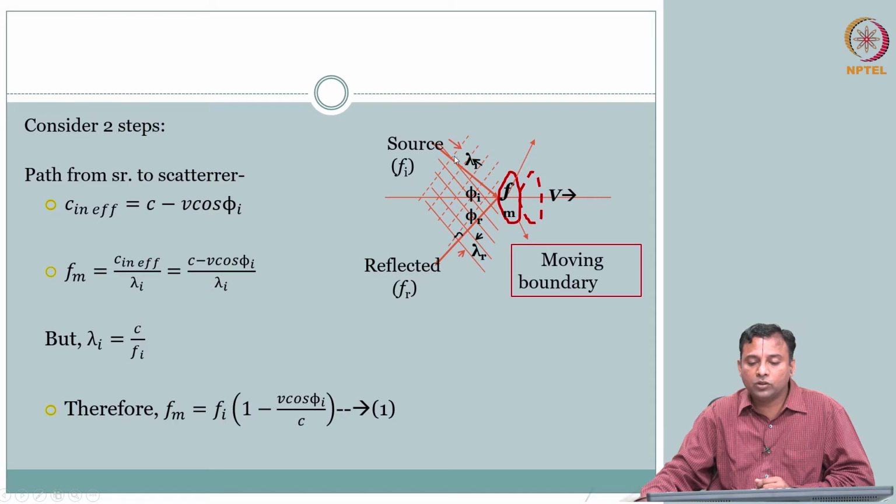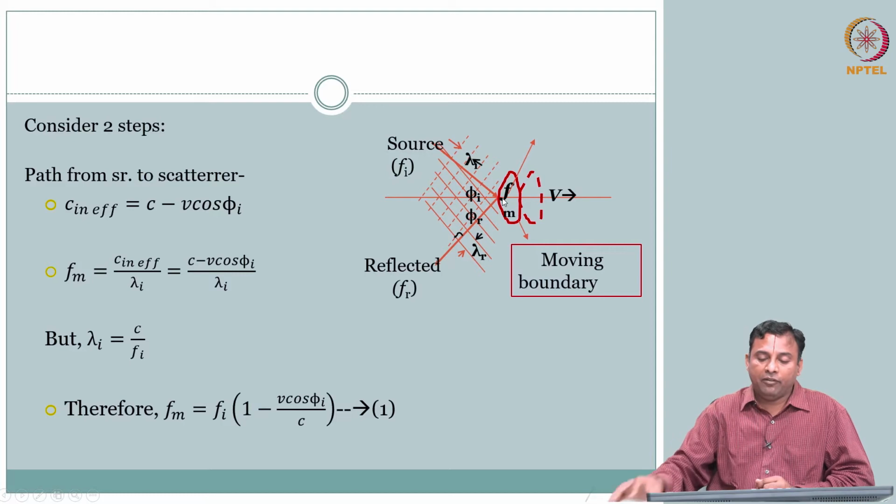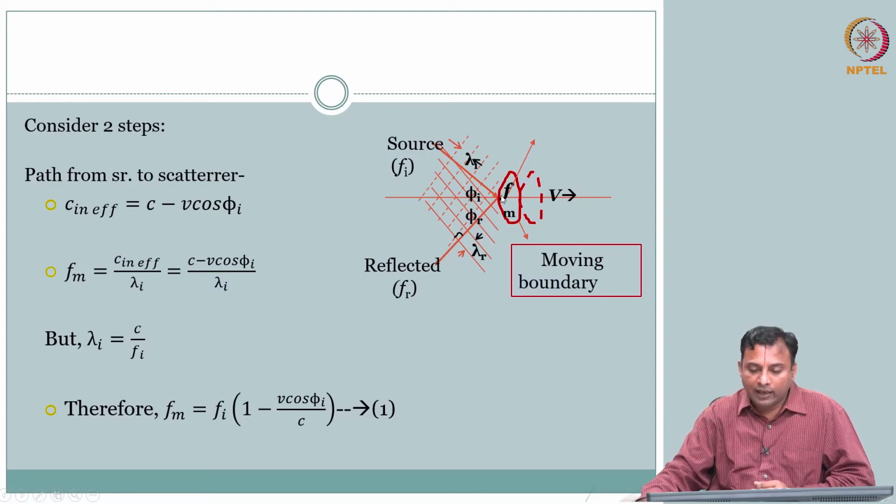This is based on the source coming to the observer, of the object that is moving. So now what is the other path? The other path is after it comes and hits here, there is a wave that is reflected and going back in this direction. So now we could do a similar argument and understand what will be the effective velocity of the waves that are going out.